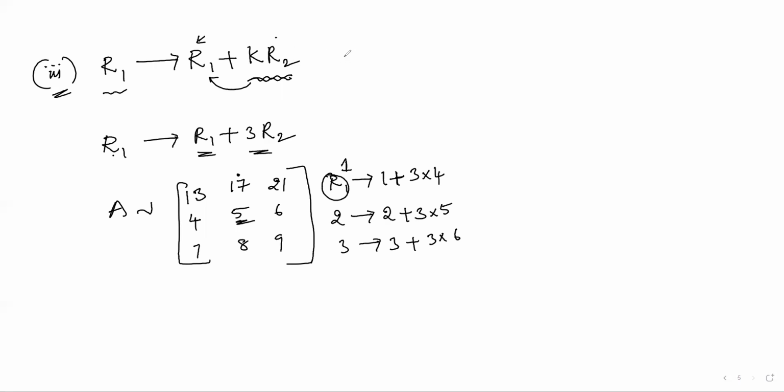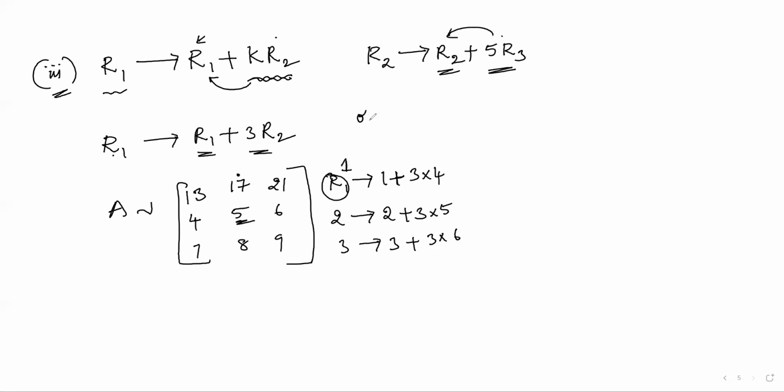The same thing I did with R1, you can do with R2. R2 becomes R2 plus something else. R2 is changed when you multiply a constant to R3 and then add it to R2. R3 will not be changed, but R2 will be changed because you are multiplying a constant to R3 and adding it to R2.